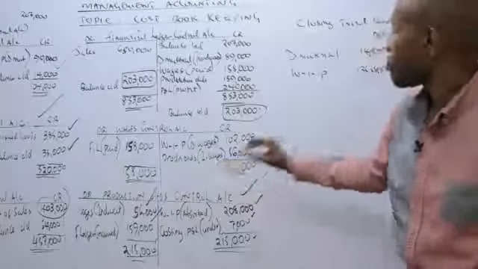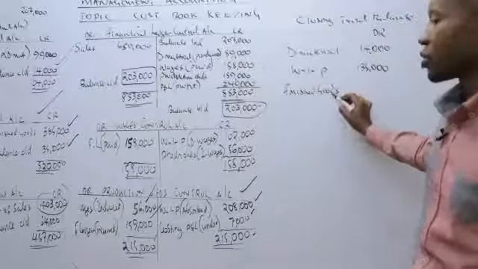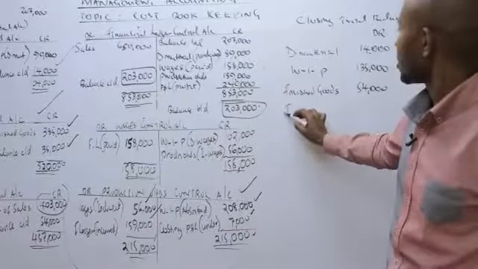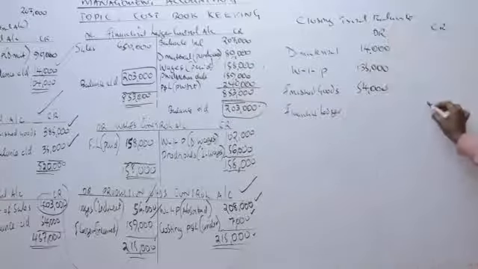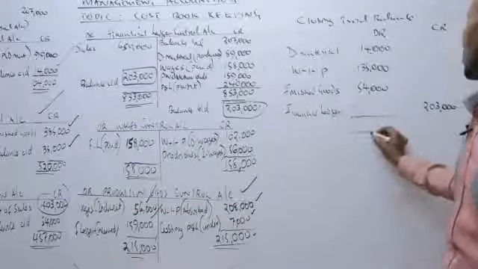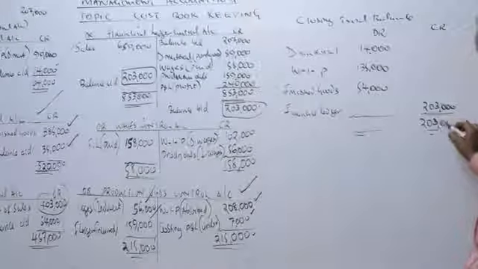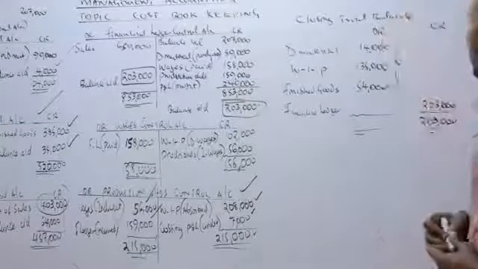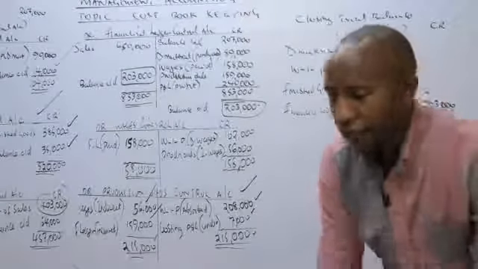And then I have finished goods. Finished goods is 54. And then I can have the financial ledger with 203. So tell me, do these two agree? So this is 203. What is the total of 14, 135 and 54? What do we get?